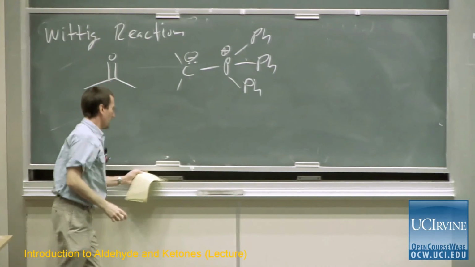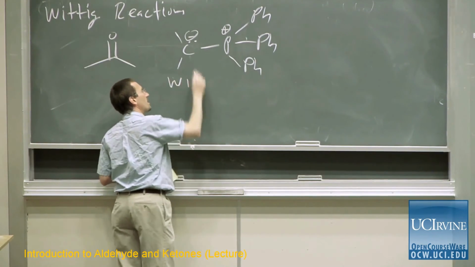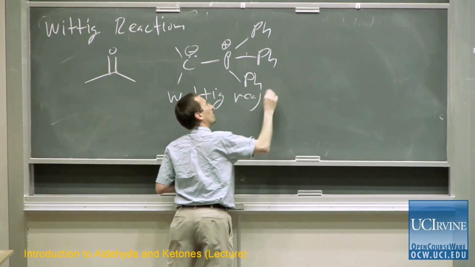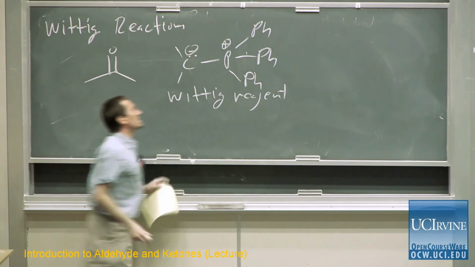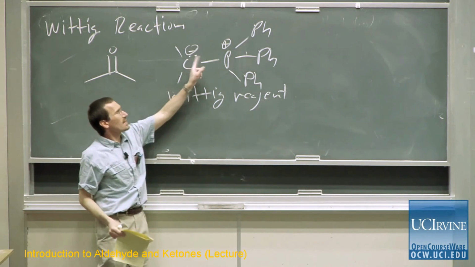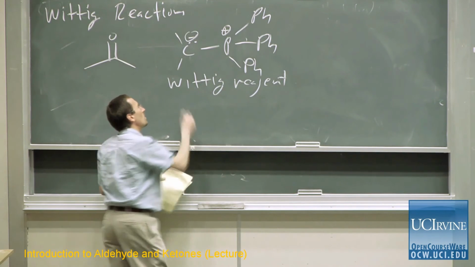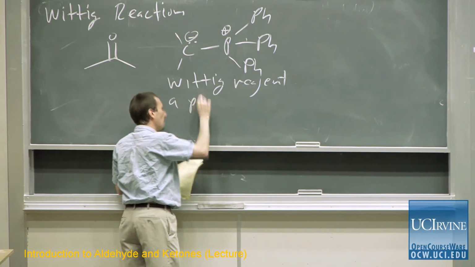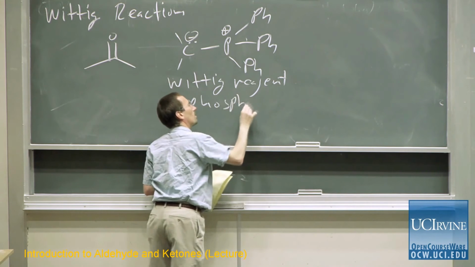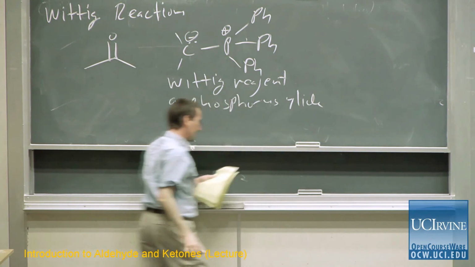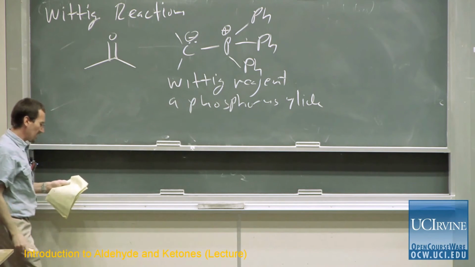An ylide, so this is called a Wittig reagent. An ylide is a species where you have a separated positive and negative charge. And so we call this a phosphorus ylide, because we have the separated positive and negative charge on phosphorus.